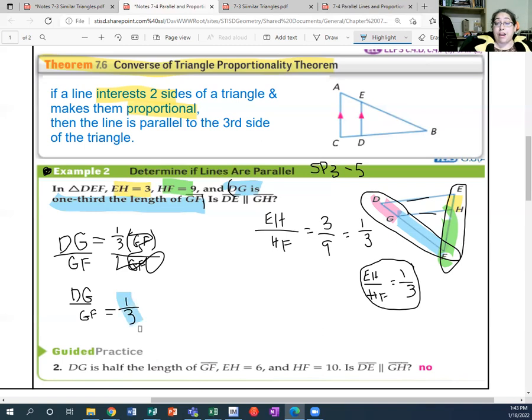And because these fractions are the same, those sides are proportional. And since those sides are in proportion, yes, these sides are parallel. That's the hardest thing I can do to this.